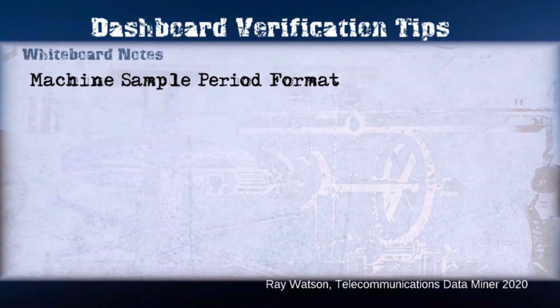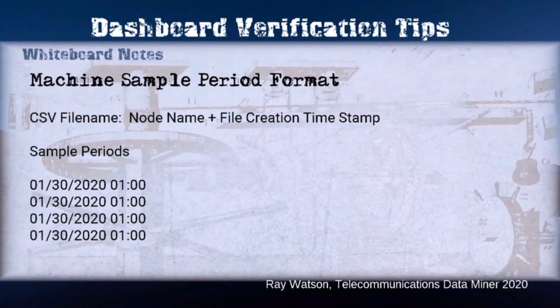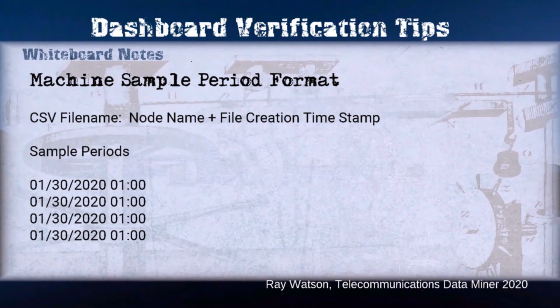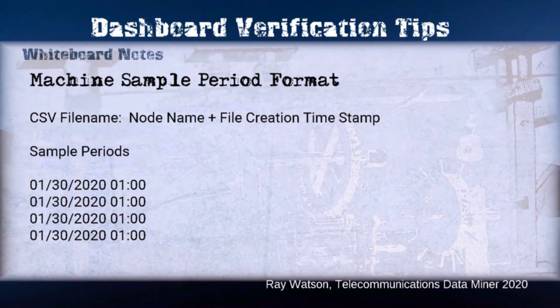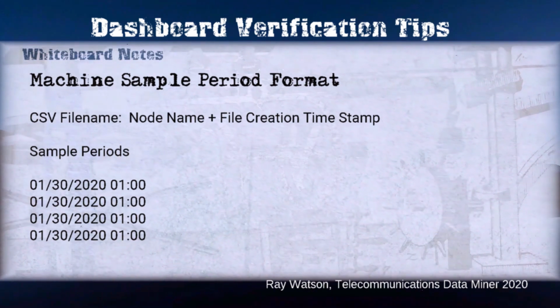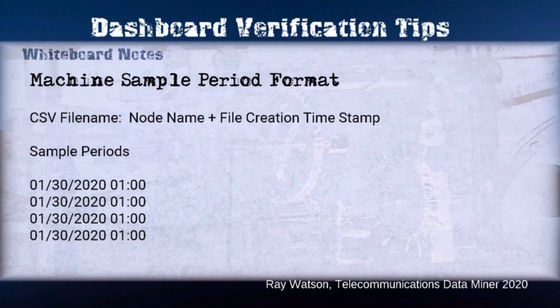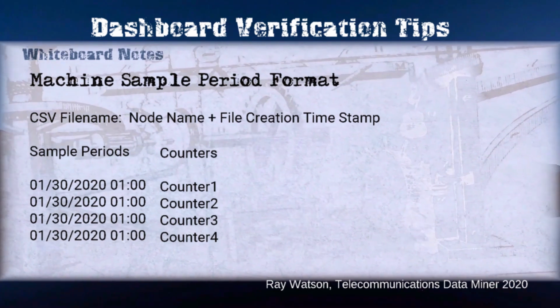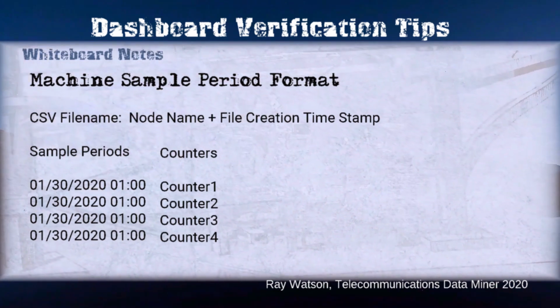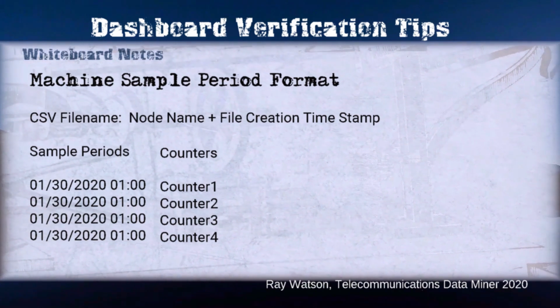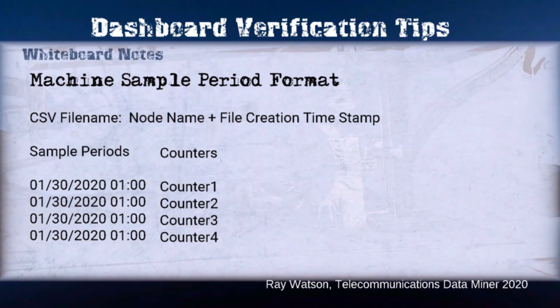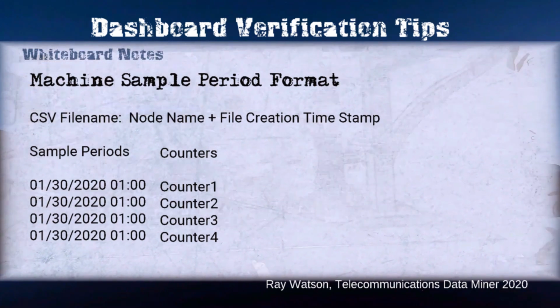For example, if new counters are added to the network machine, then machine sample period files generated by the network machine are attached to intakes that request adding the new counters to the analytics database. Software upgrades can cause existing network machines to add new counters.